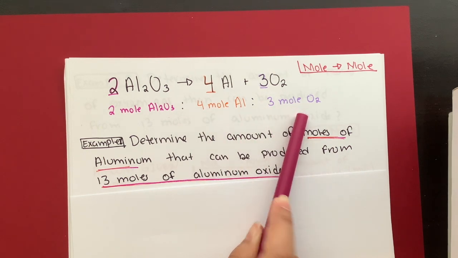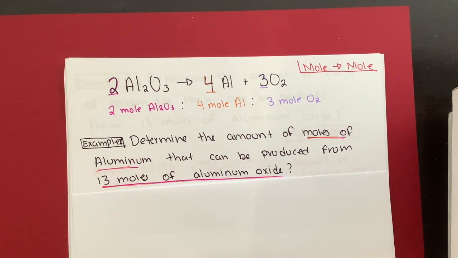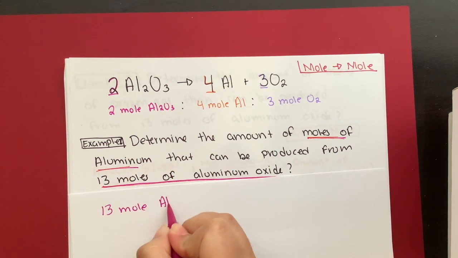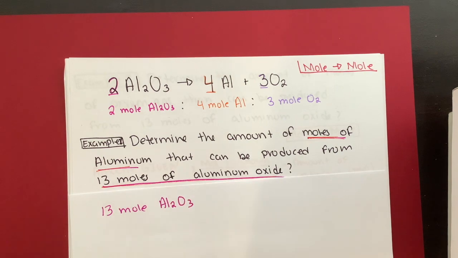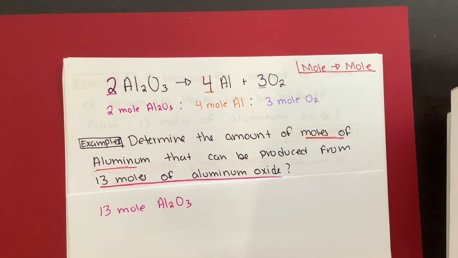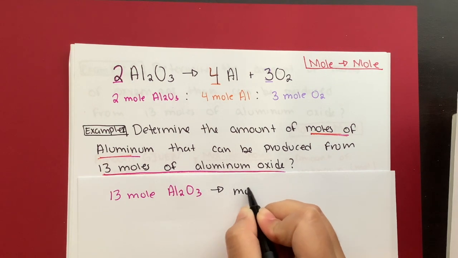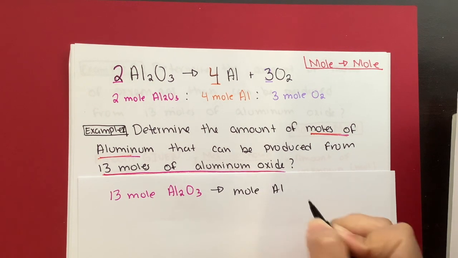So this question is asking us that if we have 13 moles of aluminum oxide, which is Al2O3, they're asking us how many moles of aluminum there are.